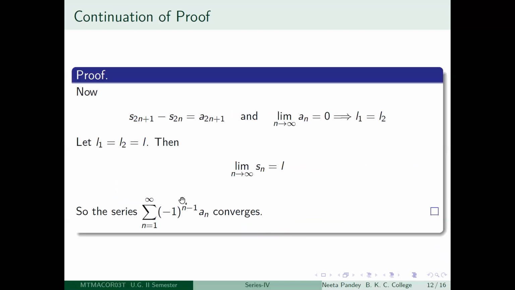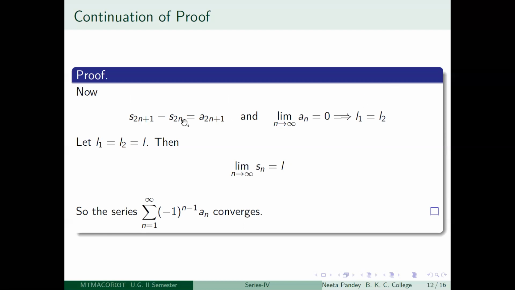Why? Because if you look at S2n plus 1 minus S2n, then all you are left with is A2n plus 1. S2n plus 1 is you keep on adding A1 minus A2 plus A3 minus A4, etc., till minus A2n plus A2n plus 1. And S2n is what? S2n is A1 minus A2 plus etc. You go till minus A2n.